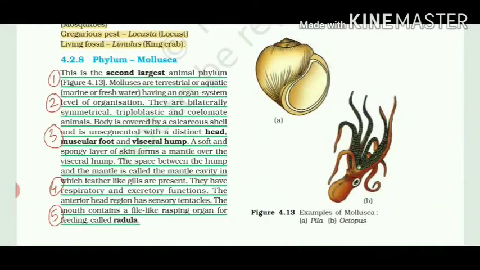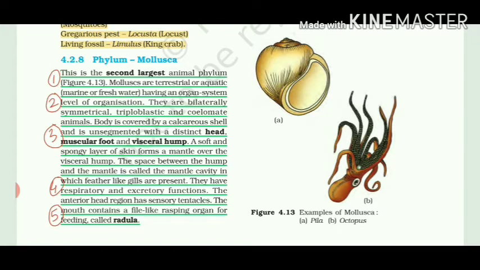Okay. So now coming to phylum Mollusca. So Mollusca, Pila or octopus, you must have seen in the Discovery Channel also. This is the second largest animal phylum after Arthropoda. So they can be terrestrial or they can be aquatic.